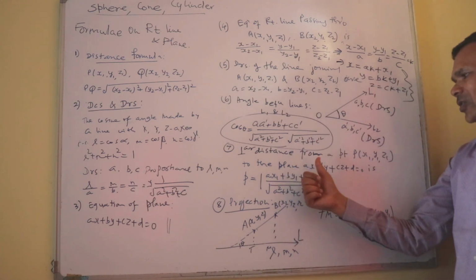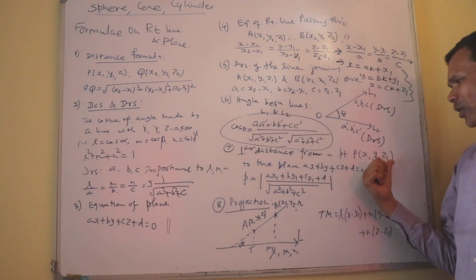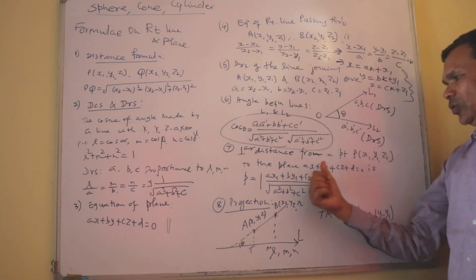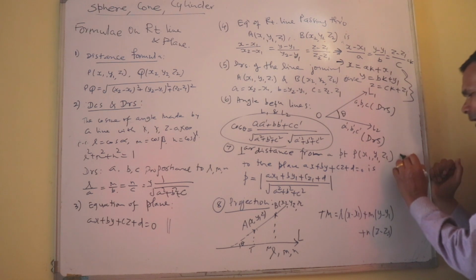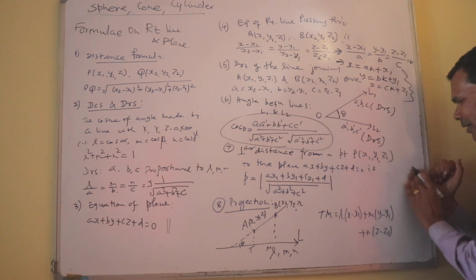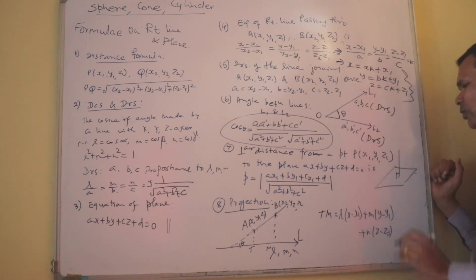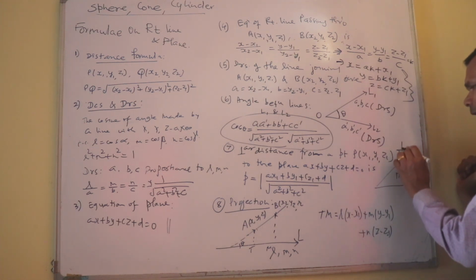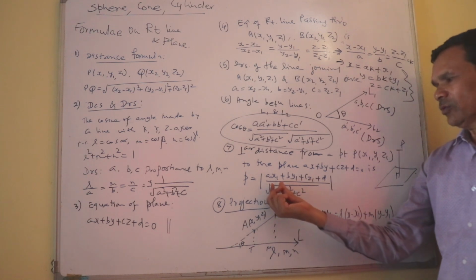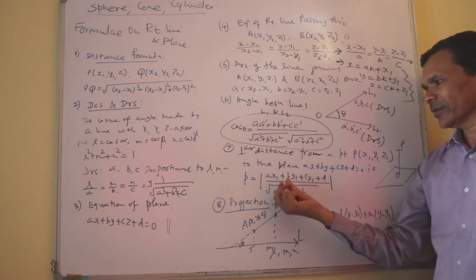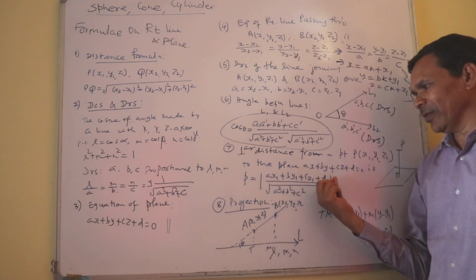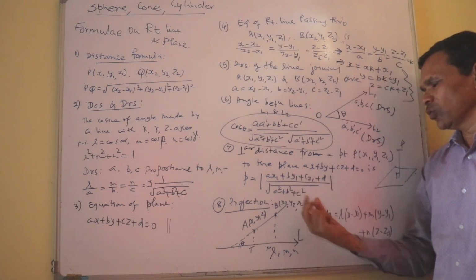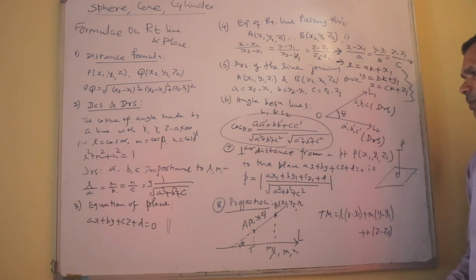Now the perpendicular distance from a point P (x1, y1, z1) to the plane. It is given by the modulus, the absolute positive value, of a x1 plus b y1 plus c z1 plus d, divided by the root of a square plus b square plus c square.